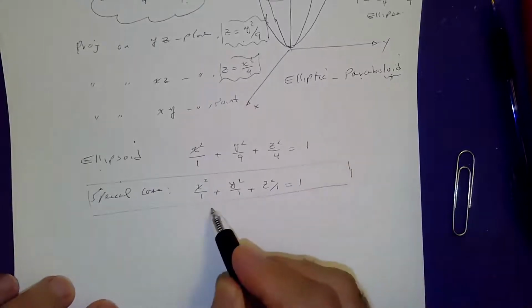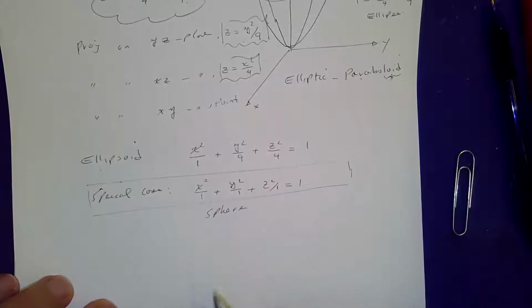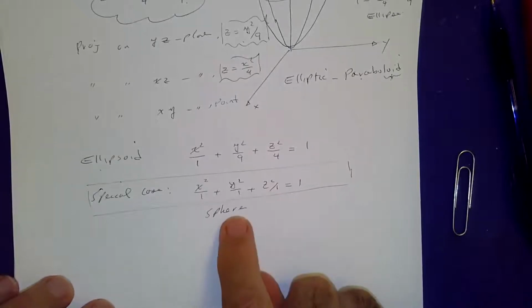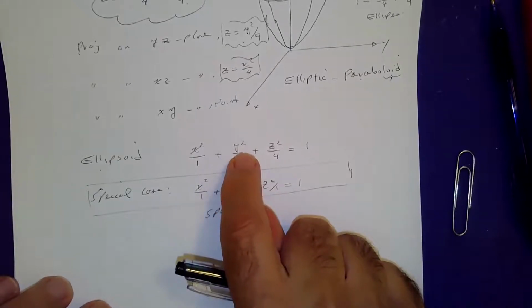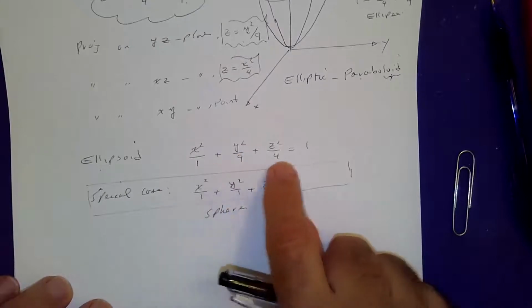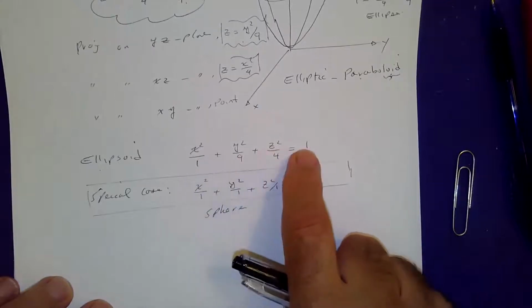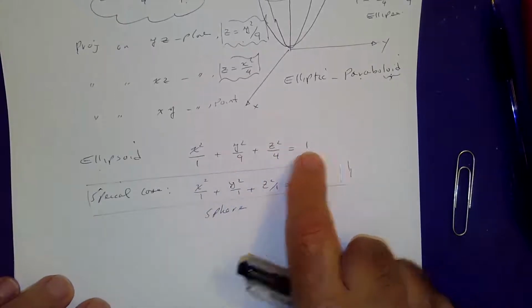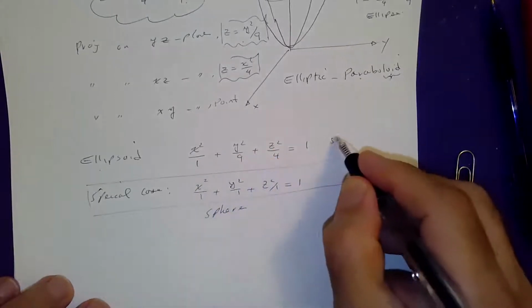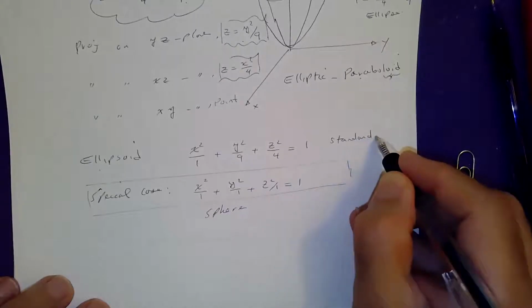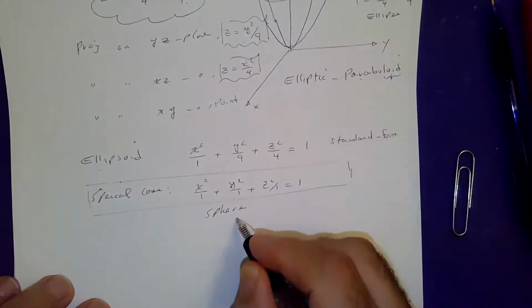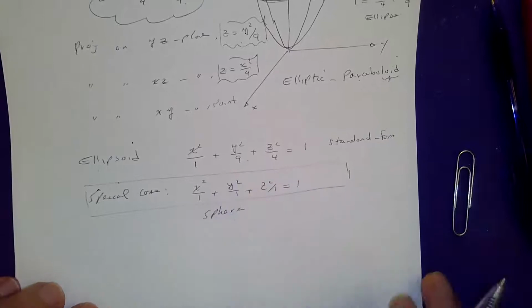Exactly. So the bottom line is sphere is a special case of ellipsoid. For an ellipsoid, the denominators don't match, but you still have pluses, you still have the squares, and you still have a 1 here. This is called standard form. So sphere is a special case of ellipsoid.